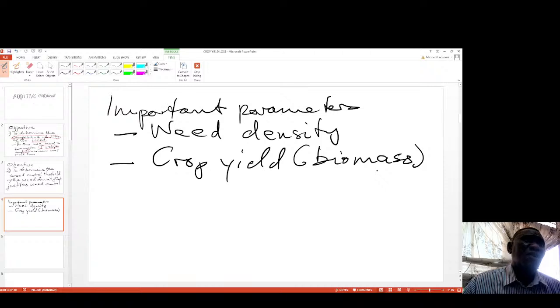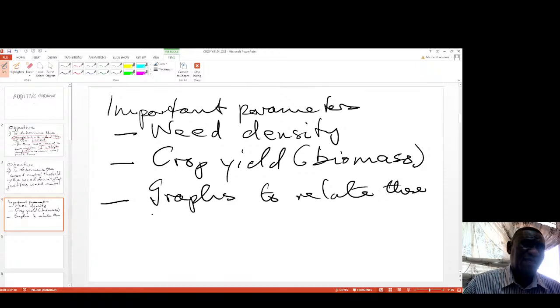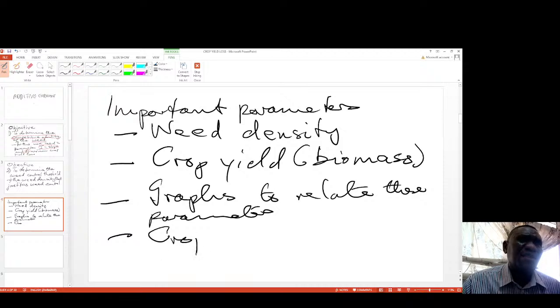So we use graphs to relate these parameters. Another parameter which we may compute is known as the crop yield loss.